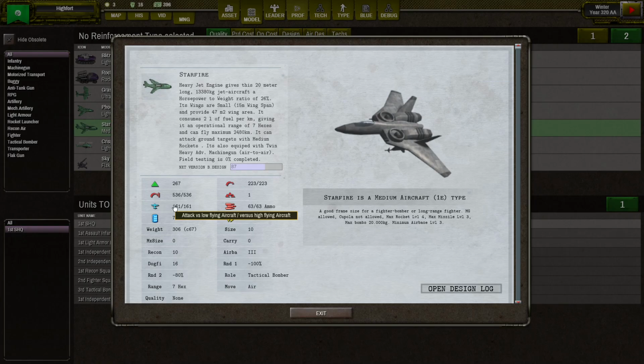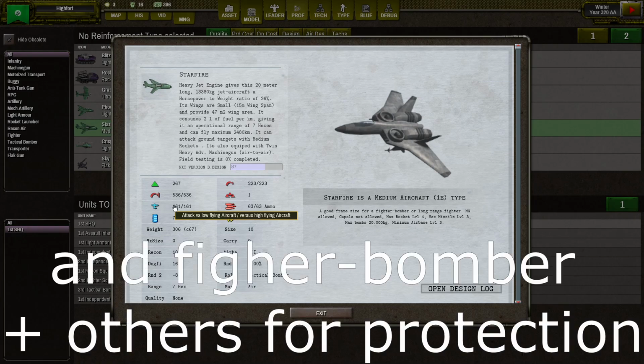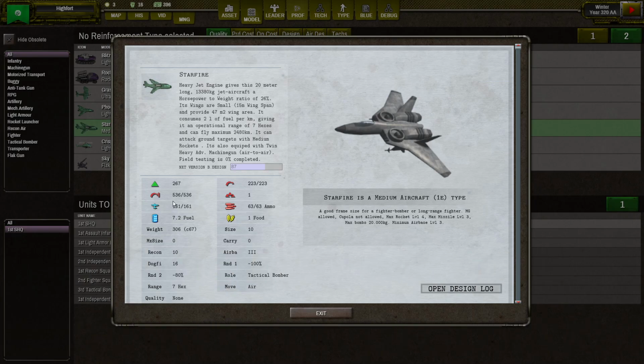And this statistic is important for the fighter role. But for tactical bomber, even if we have quite high air attack, which as you can see is split between low flying aircraft and high flying aircraft, and usually it's the same number, but for anti-aircraft units it can be different. So why is it not important for tactical bomber?